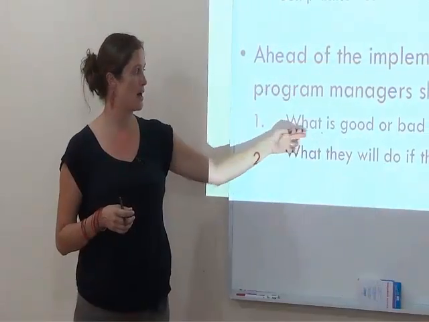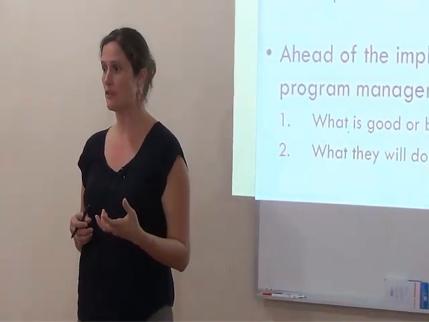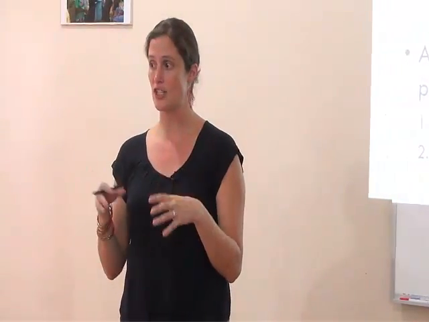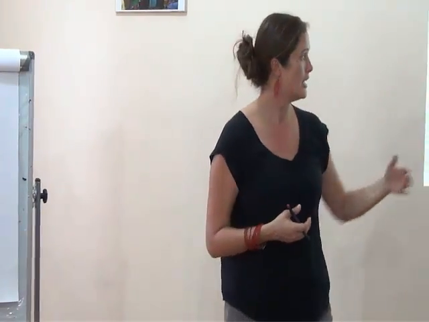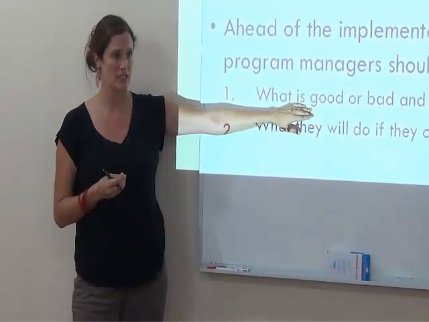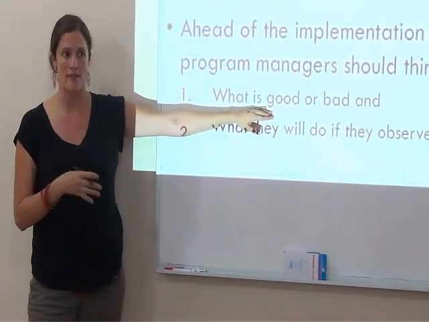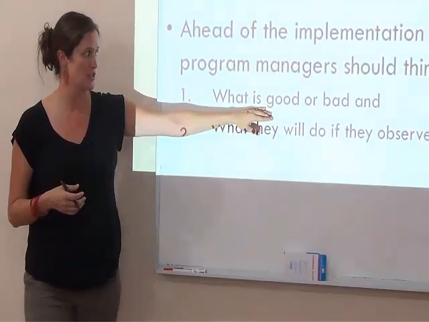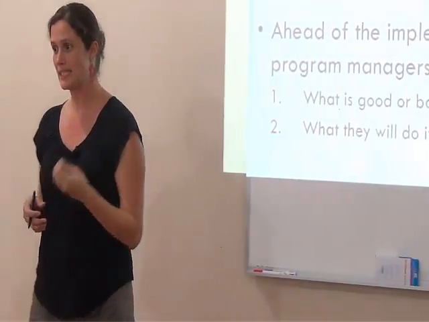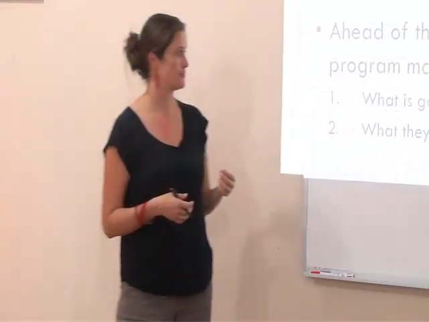So we talked about having these levels of performance, and that the LQAS classification helps us understand where we are in relation to those levels. So ahead of that, Nadine has to tell me what is her definition of good. What is that level she's striving for in whatever she's trying to measure? And what is her level of bad? What is she not wanting to see that she would be worried about?